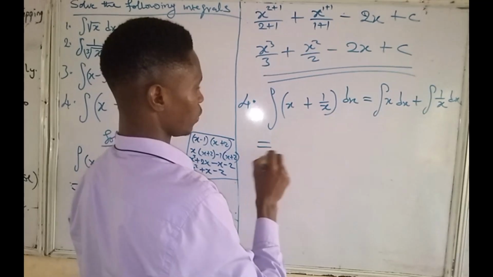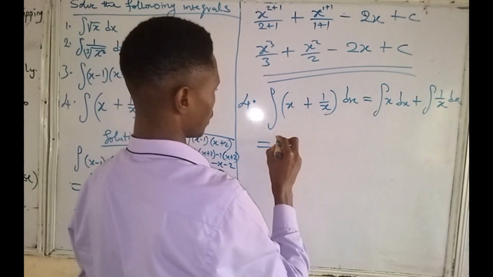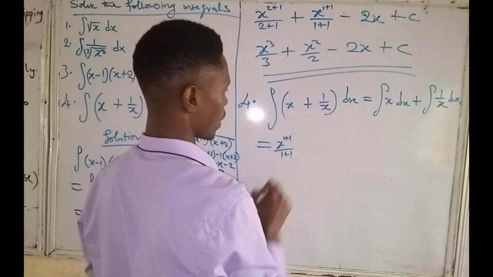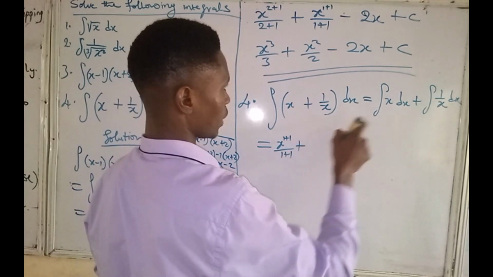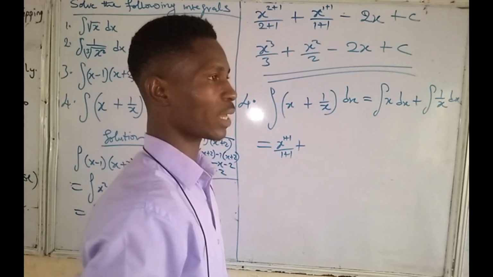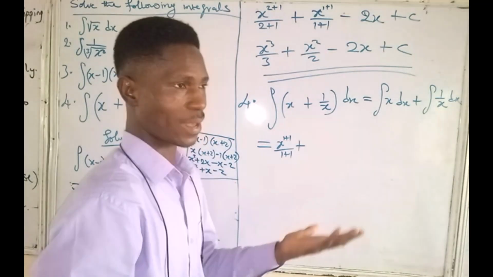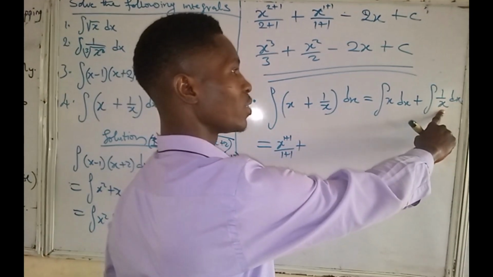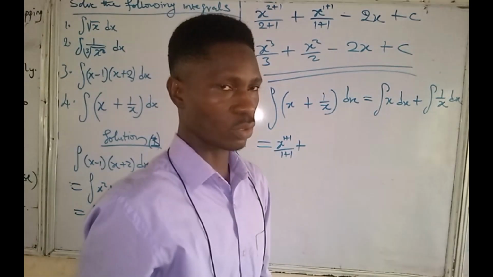The integral of x is x to the power 1 plus 1 all over 1 plus 1, plus the integral of a reciprocal function, as we did in our previous class, which is the natural log.